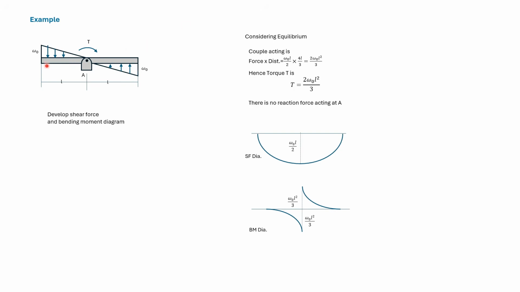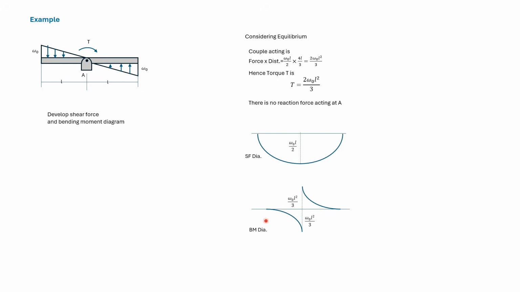Now consider bending moment. If we take a section here, then there will be some bending moment. If we move away from the left, then the bending moment will keep on increasing till we reach A. Now this bending moment will be anti-clockwise and therefore negative.